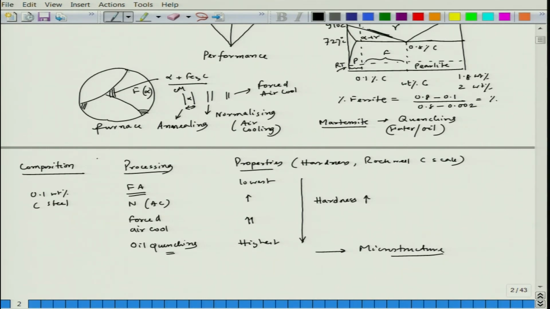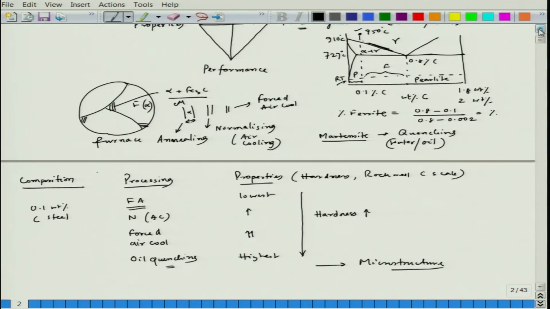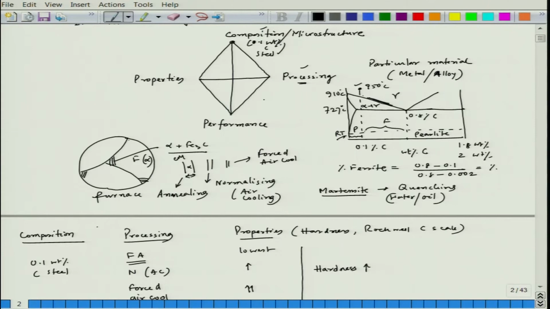So, that way we can also meet a specific performance which is to be obtained from that particular structure. Okay. So, now you could see that this is nothing but the materials tetrahedron, and we can see that everything is correlated, all those sections are correlated. How come?